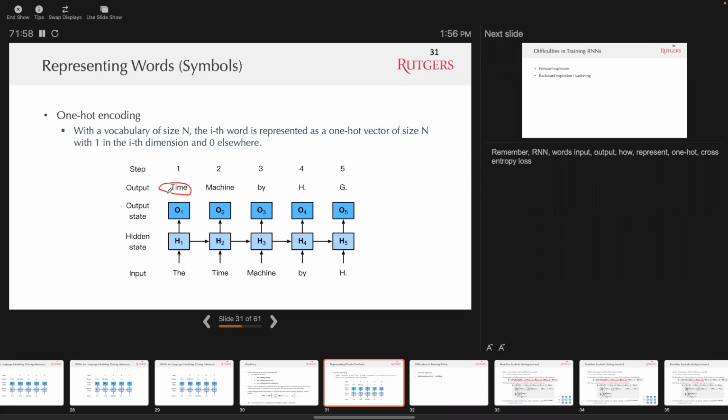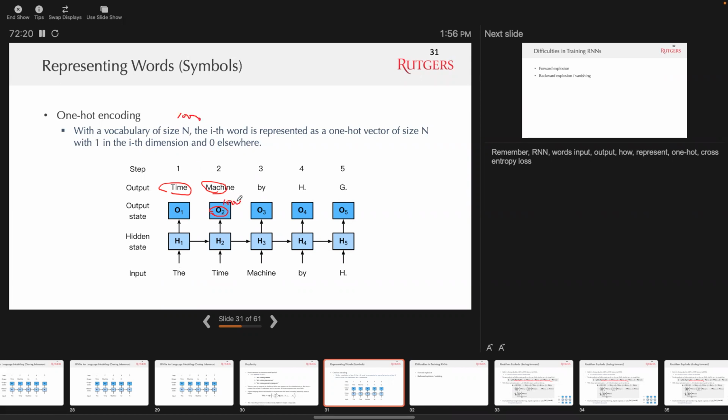Basically, you represent each word as a one-hot vector, and when you compute the feed forward, this is going to be your output O. The dimension of O is, for example, if n is 1,000, then the dimension of O is also going to be 1,000.